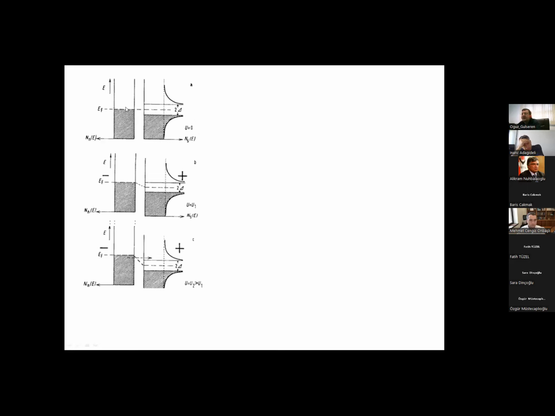Then again, if you apply the bias, as a function of the bias, what you see first is this Fermi level just within the band gap region, and so there will be no tunneling current, since there is no corresponding state on the other side, till this Fermi level hits the edge of this upper band there.